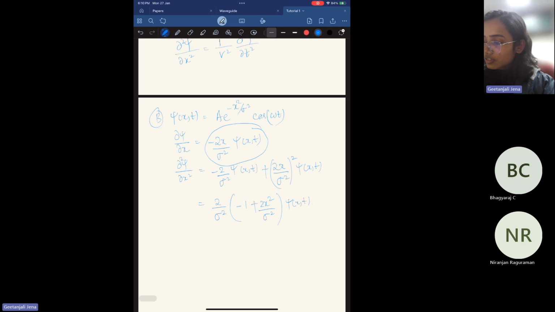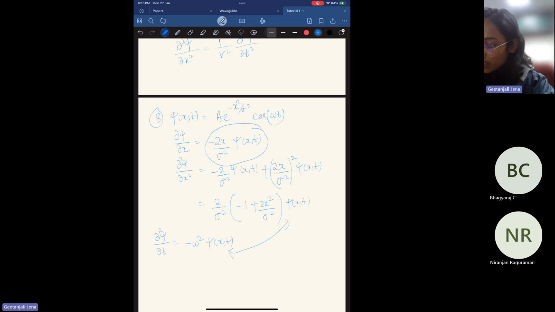So this is the LHS side. Now if you calculate what is dou psi by dou t, this involves a cos term. So that means you will get minus omega square psi of x,t, right? And you can see these two are not equivalent.